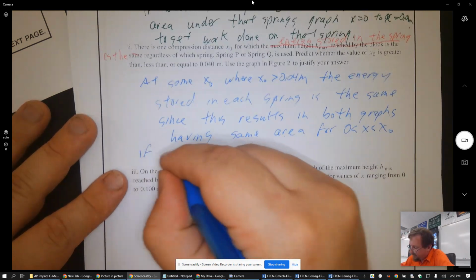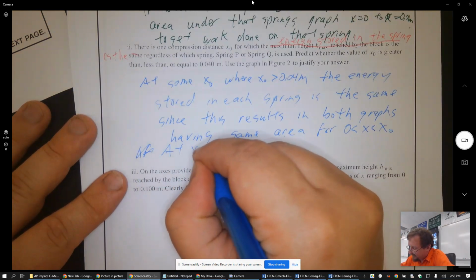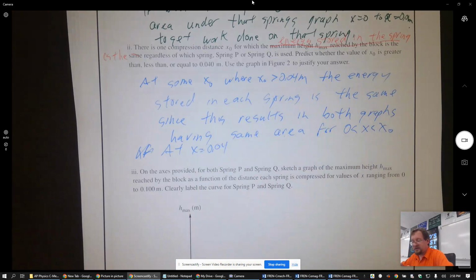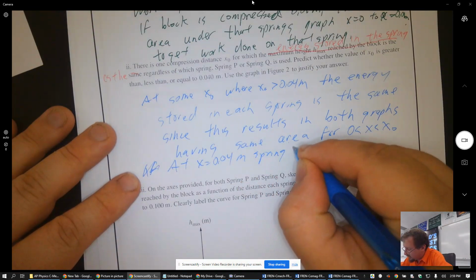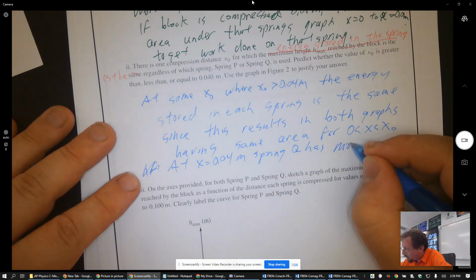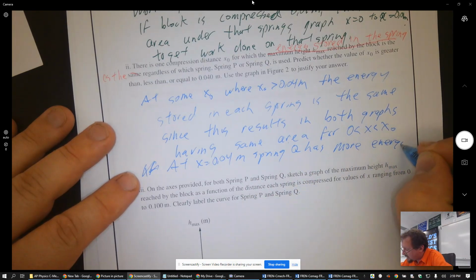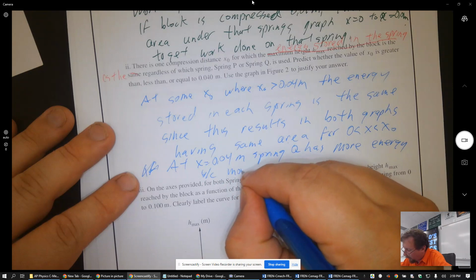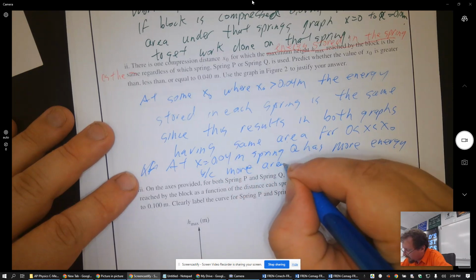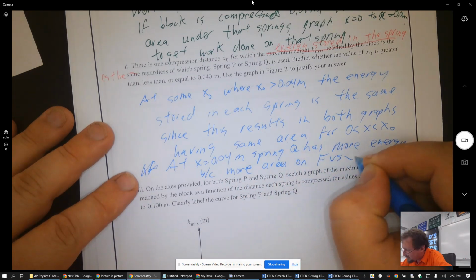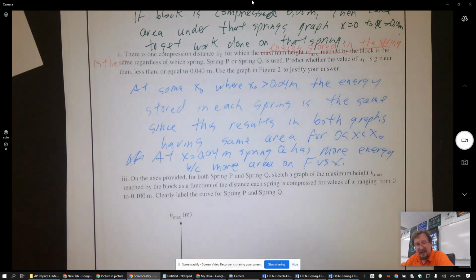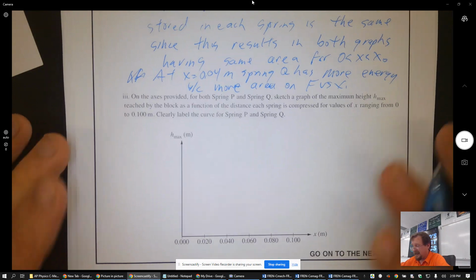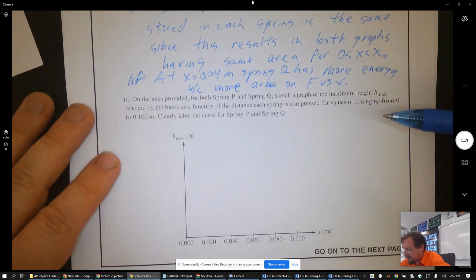At x equals 0.04, what did we say? Spring Q has more energy because more area on the force versus displacement graph. That's probably a lot more than I needed, but sometimes you add a little extra understanding. The readers will be like, this kid knows what they're talking about. They're going to give your kid the benefit of the doubt.